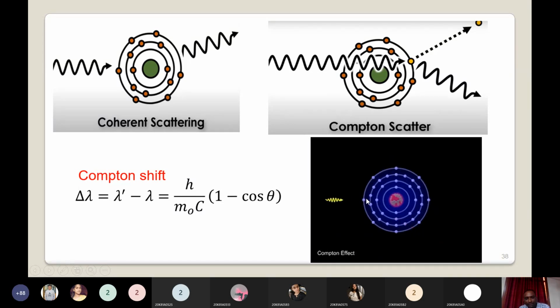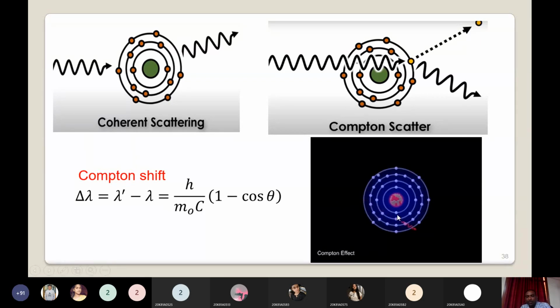Because of gaining this energy, the electron gets kinetic energy and goes in some other direction. This is also an elastic collision. Elastic means that before and after the collision, energy is conserved and momentum is also conserved. Inelastic means either energy or momentum is not conserved.